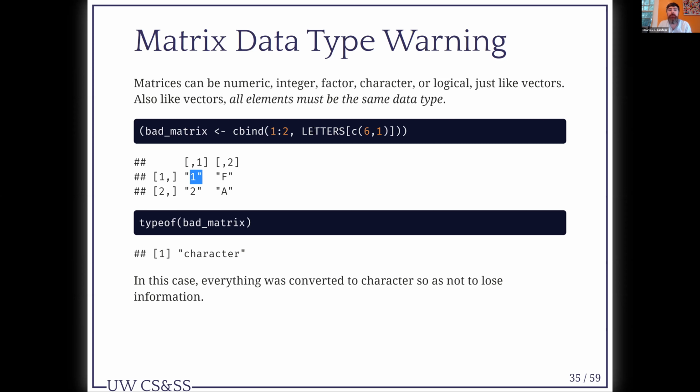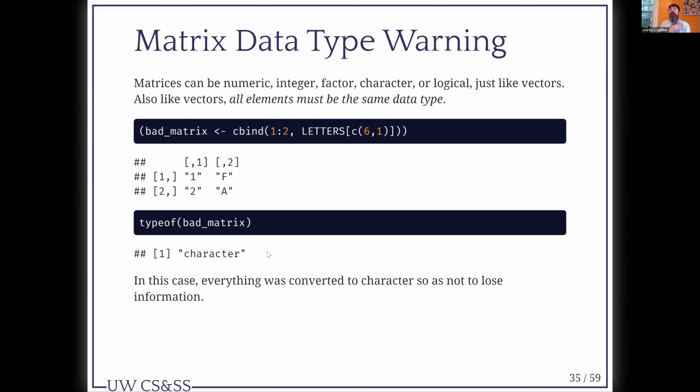This is because if you combine character data with numeric data, it all becomes character data. If you store numbers next to letters, R has to store it all as the simplest data type which doesn't lose information. With letters, the simplest data type which doesn't lose information is character data, so the entire matrix becomes character data. If I get the type of it, this bad matrix here is character data, okay?